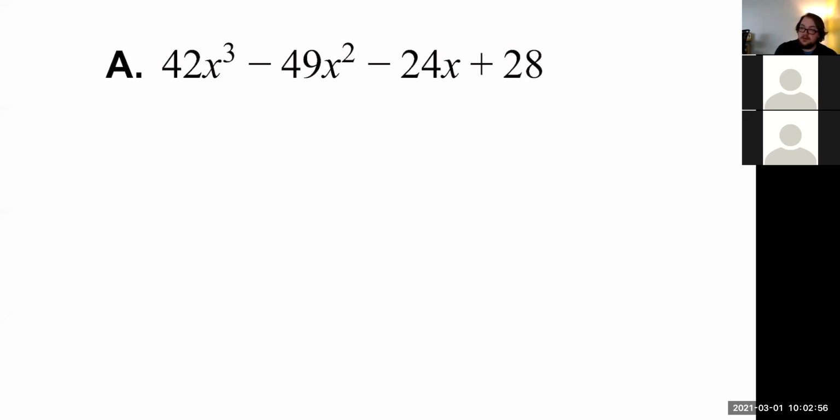There's usually one particular number that students fall on first. 2. Well, 2 looks like it might work because they're all even except this one. So 2 unfortunately will not work for the 49. Surprise, 2's not the one I usually hear. I usually hear 7 because 7 goes into 42 6 times. 7 goes into 49 7 times. 7 goes into 28 4 times, but unfortunately, 7 doesn't go into 24.